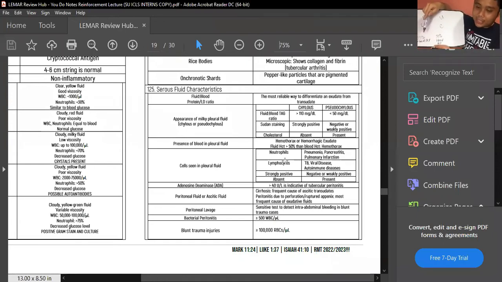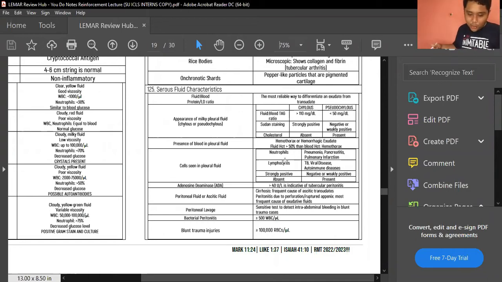So if the fluid hematocrit is greater than half of the whole blood hematocrit, then that is hemothorax. In this case, the fluid hematocrit of 35% is greater than half of the blood hematocrit, which is 25%. So that is indicative of hemothorax, okay? And if it's less than that, then that is hemorrhagic effusion, okay?